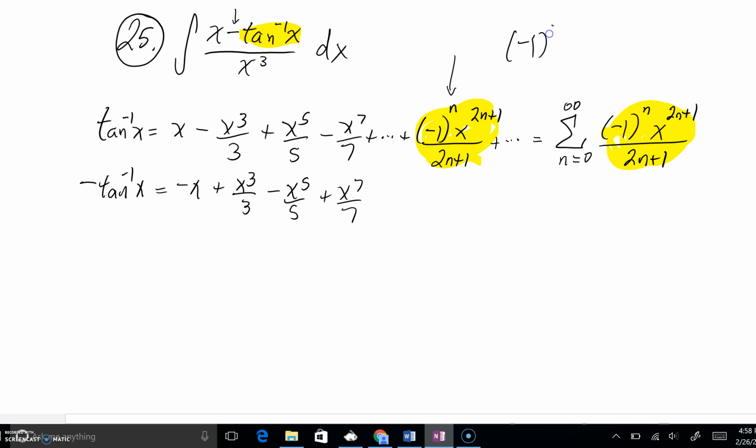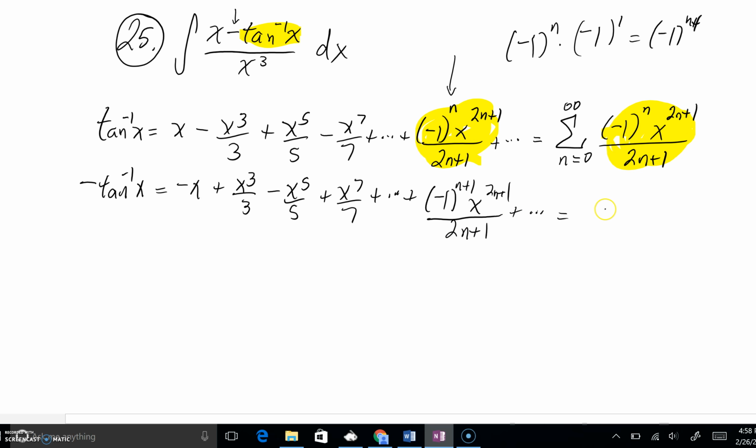What's negative 1 to the n times negative 1? Well, that would be negative 1 to the n plus 1. So my nth term would actually change to negative 1 to the n plus 1. That's something that you could quickly work out. You can see it's virtually the same expansion. You just have changed the sign of every single term, but it looks amazingly close.